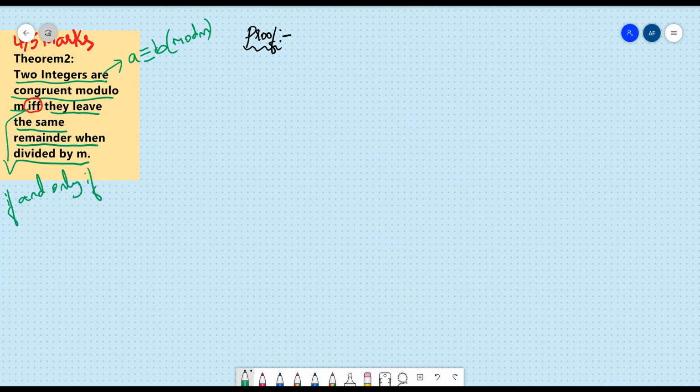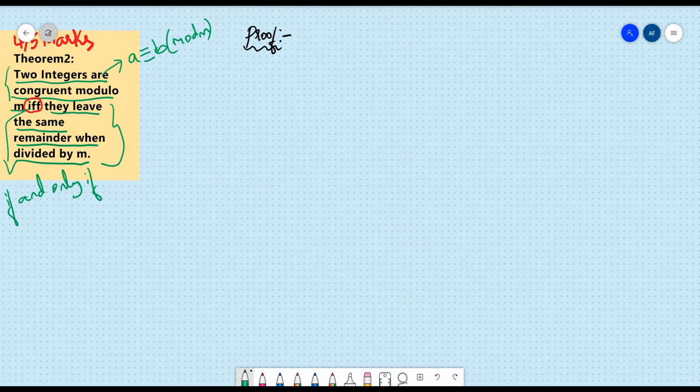So why have I written if and only if instead of if? If I say two integers are congruent modulo m if and only if they leave the same remainder when divided by m, this is true. If they leave the same remainder when divided by m, this implies two integers are congruent modulo m.